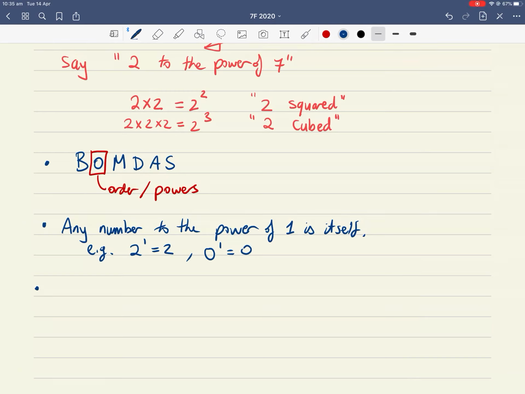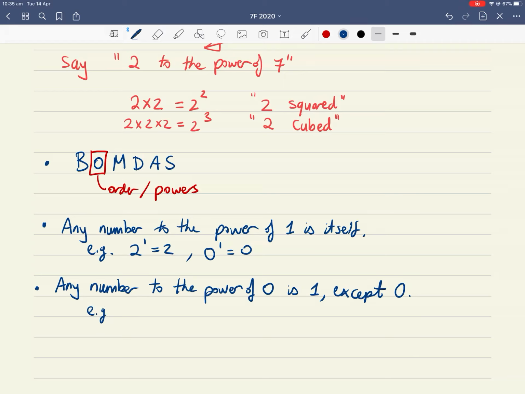Another fun fact, any number to the power of 0 is 1, except 0, because 0 to the 0 is not, you can't do that, it's undefined, we don't get an answer. So for example, 2 to the power of 0 is 1.